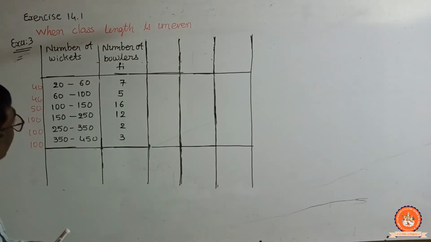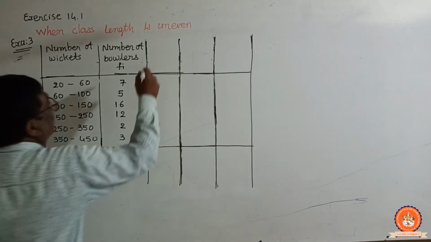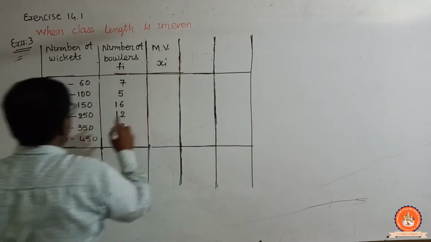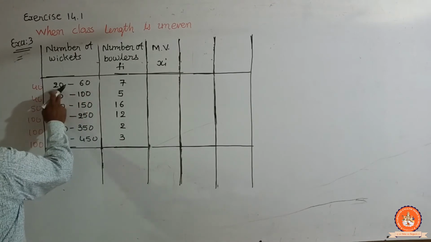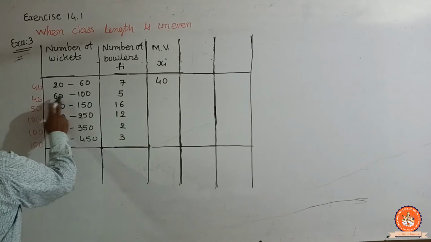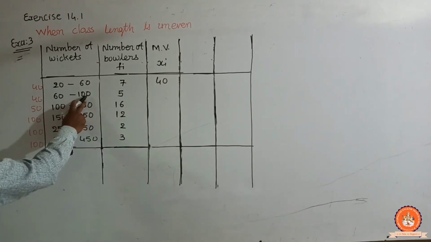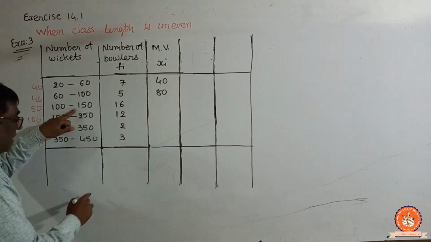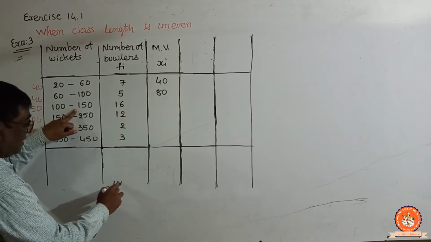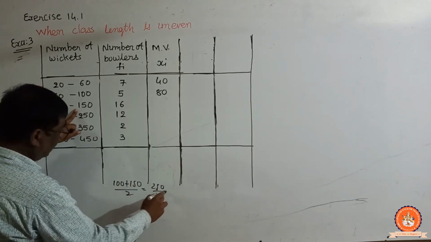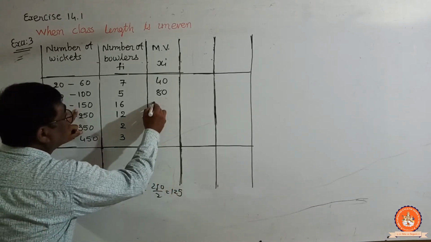Okay. Now what we are supposed to do here, let us find out the mid values first. Mid values are xi. So between 20 and 60, 20 plus 60 is 80, 80 divided by 2 is 40. 60 plus 100, 160 divided by 2, that is 80. Now 100 plus 150, that is 250 by 2, that is 125.